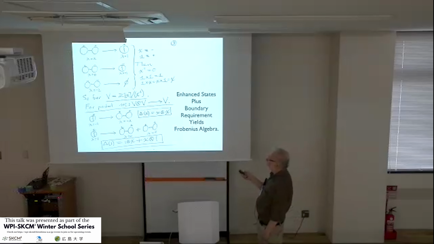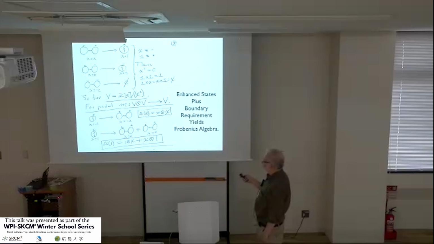Now, how can I describe what I did so I can remember it? Well, remember I said that minus should be thought of as x and plus should be thought of as 1. And then this says 1 times 1 is 1. This says 1 times x is x. This says x times x is 0. So far, for the part where you take 2 loops to 1 loop, which is the product in something, I'm going to be having x squared equal to 0.